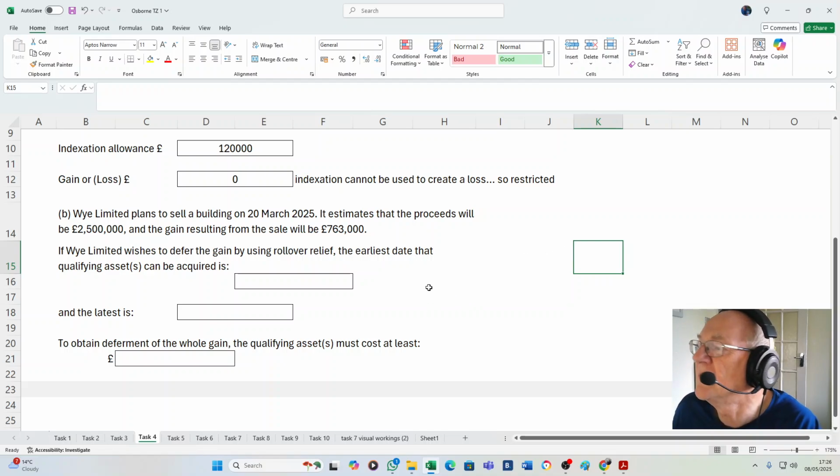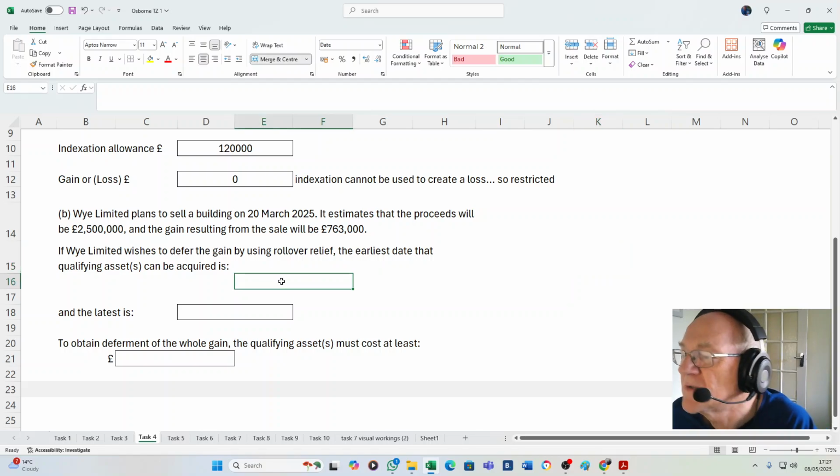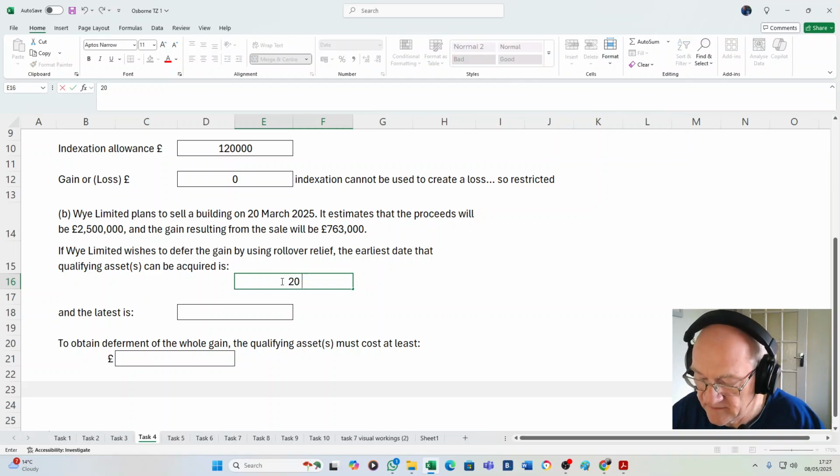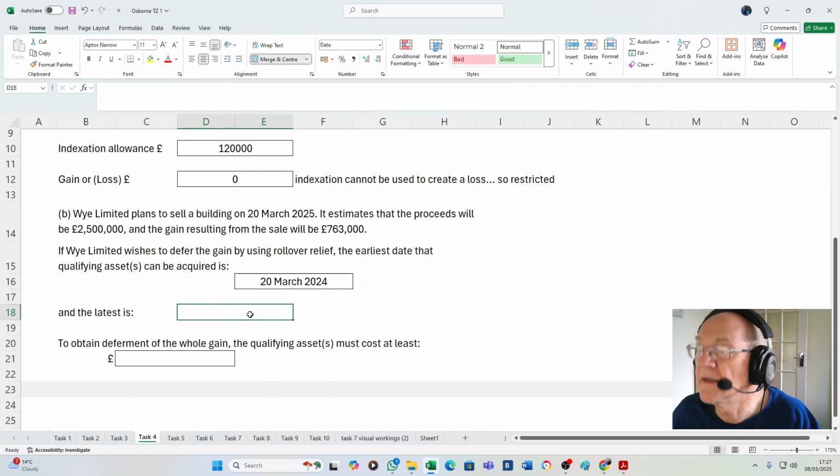The whole lot's been invested. It doesn't actually tell us it's the whole gain. That's in the bottom question. But this one will just be the date. So remember, it was a year before. So 20 March, a year before. This is 24. And the latest is 3 years after.